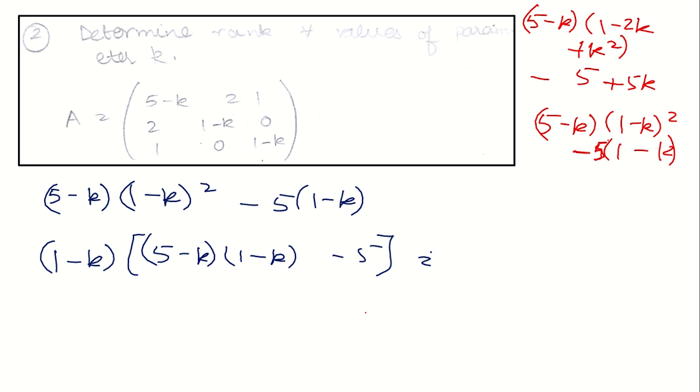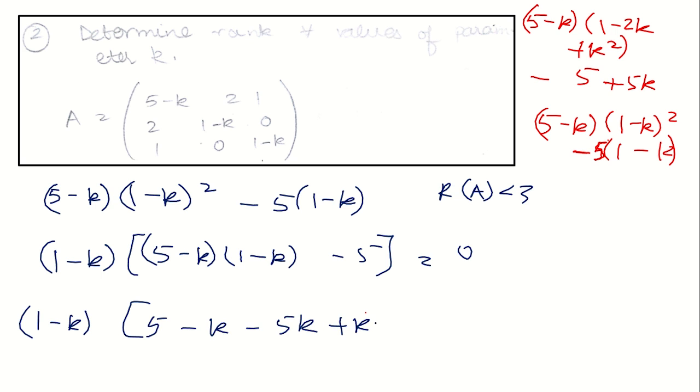If you know that the rank of A is less than 3, then this would be equal to 0. So you would have something like (1 minus k) into (5 minus k minus 5k plus k square minus 5) is equal to 0.